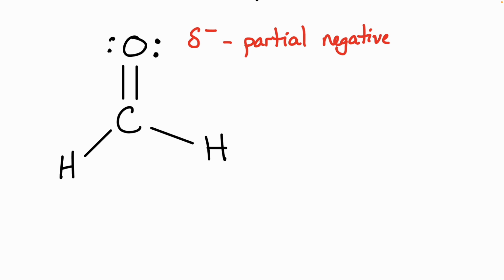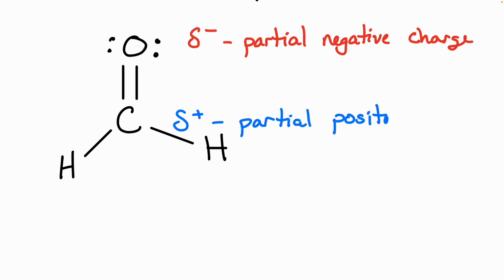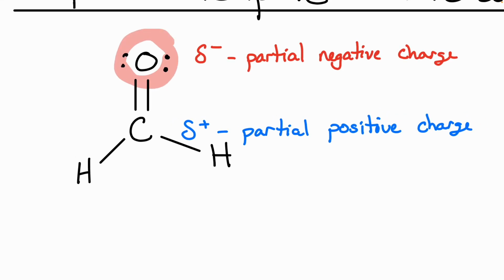It's just a partial negative charge. And since that oxygen stole that pair of electrons away, the carbon is left with a partial positive charge. So my oxygen's up here with all this electron density kind of glowing red hot, and my carbon's down here with not a lot of electron density.